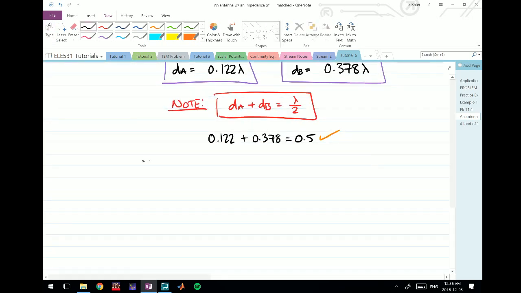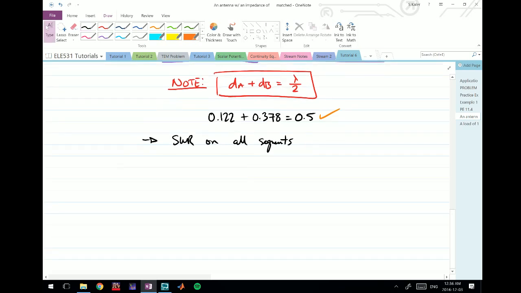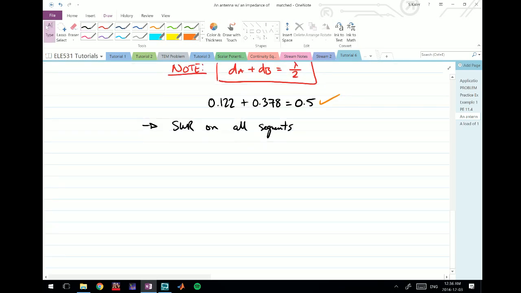Okay, now the last part asks us for SWR on all segments. Now, how exactly do we figure this thing out? So there's really three segments, okay? We're going to have a stub. We're going to have a part here that's going to go to the load.